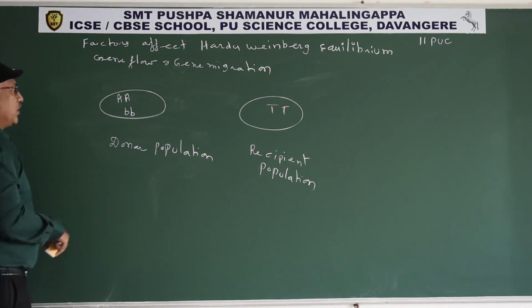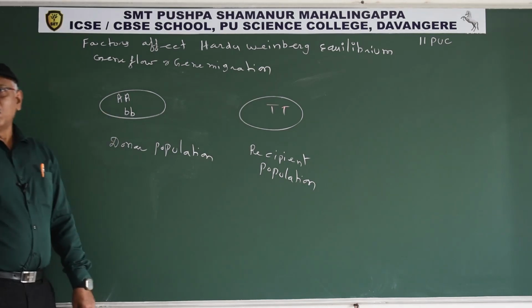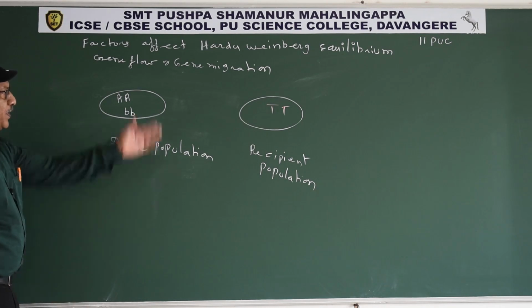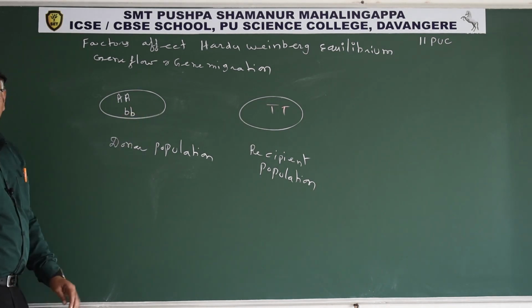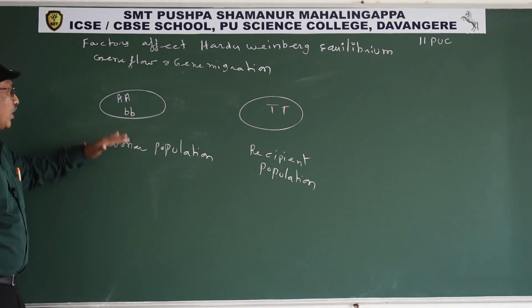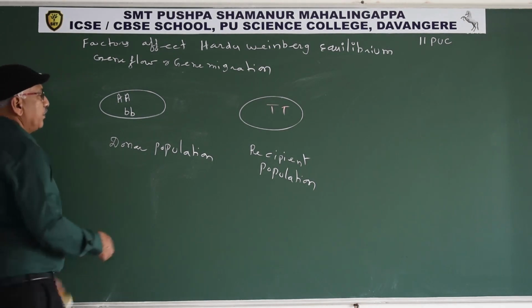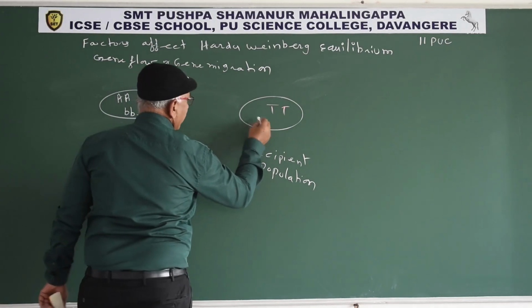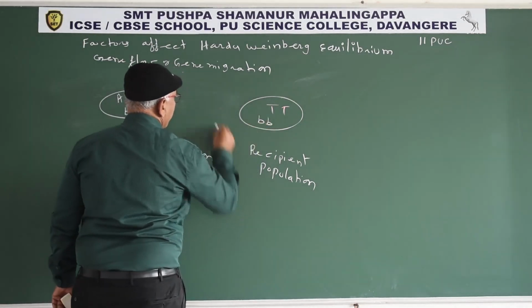In one population, 2 alleles are present, capital A, small b. In another population, capital T alleles are present. From one population, individuals containing small b migrated to another population.